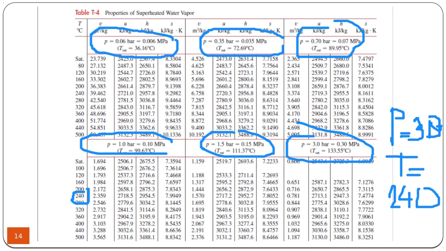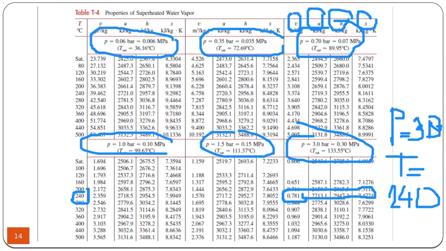You need to read all these values as table values. So the first value is specific volume, the second value is internal energy, the third value is enthalpy, and the last value is entropy.